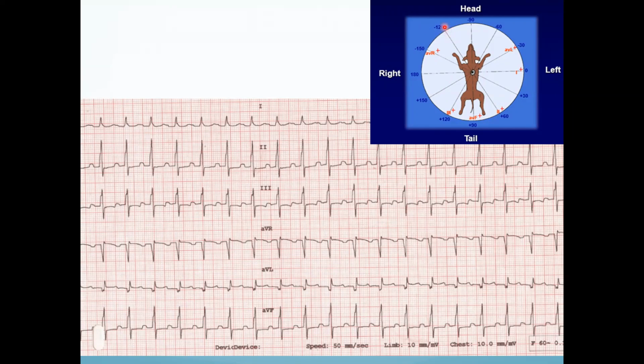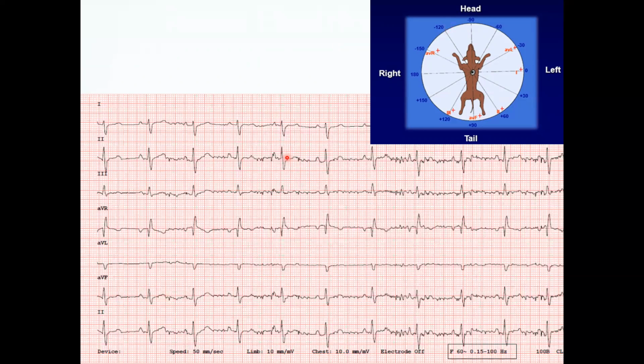Now we need to ask ourselves, is it at the positive end of lead 2, down here at positive 60, or is it at the negative end of lead 2, up here at negative 120? To do that, we simply look at lead 2 itself and ask ourselves, is it predominantly positive or negative? In this case, it's predominantly positive, so it must be directed towards the positive pole of lead 2. So our vector is going to be headed in this way. Okay.